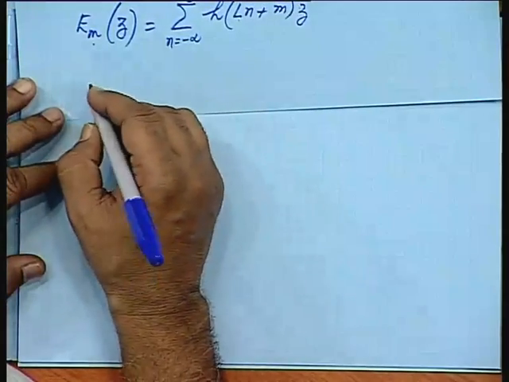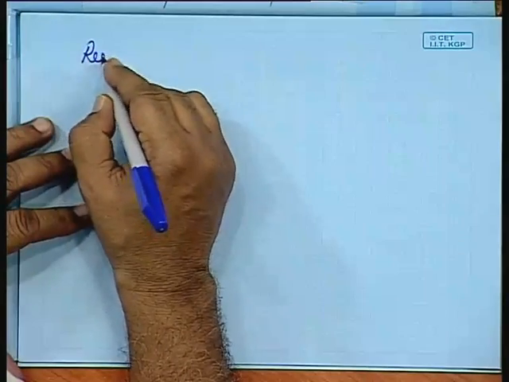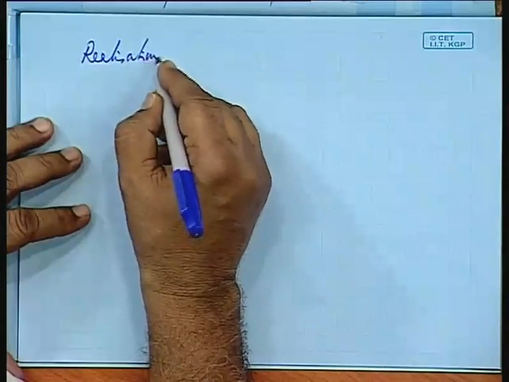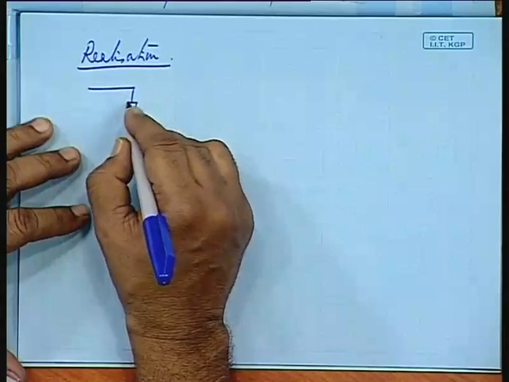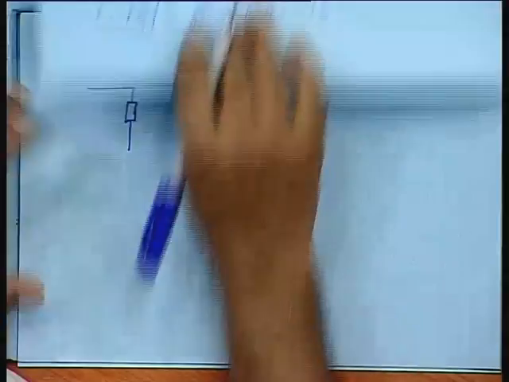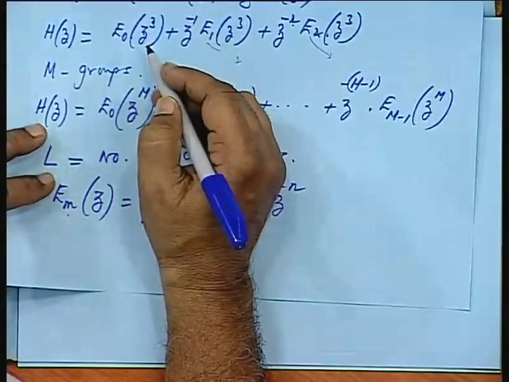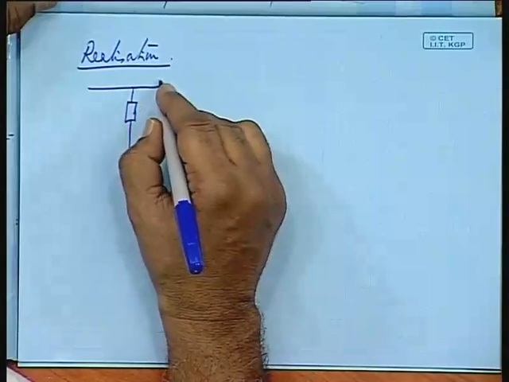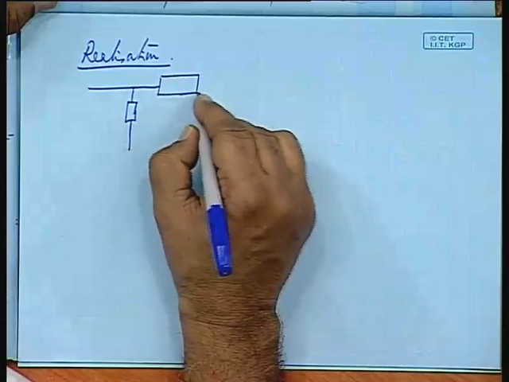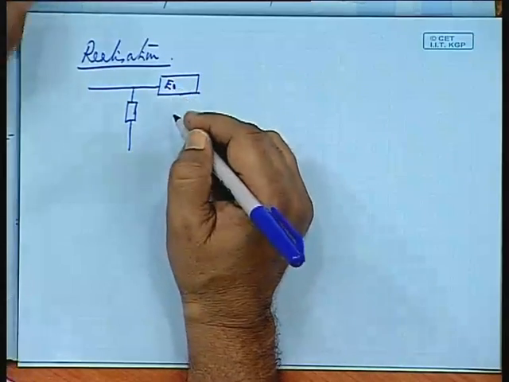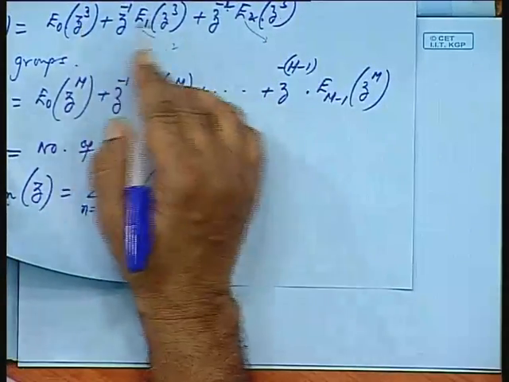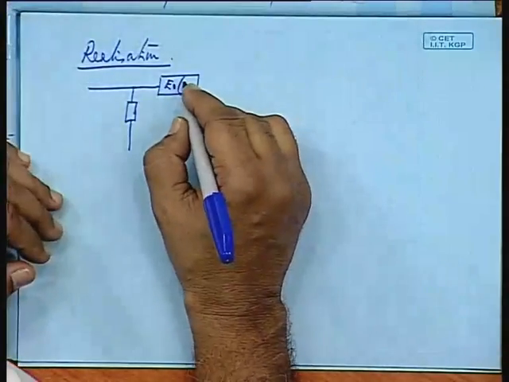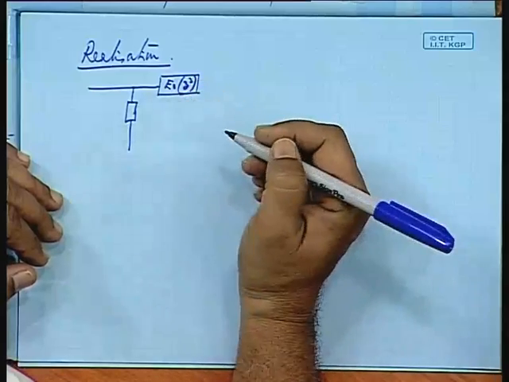So, the realization for this: first one is E0 as it is, E0, suppose we take every third term. So, E0 z cubed, all right.